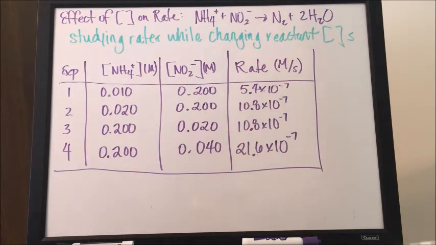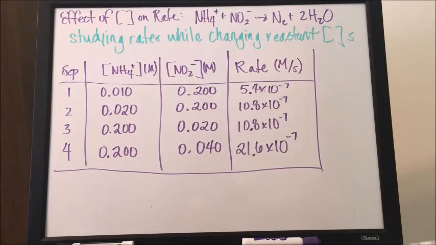Okay, we're not going to get into anything in depth in this situation. I just wanted to draw your attention to a couple things. So let's talk about perhaps how NH4 plays a part in rate. To do that, we would have to compare 2 experiments where NH4 was changing, but NO2 was not. The reason we do that is because if we look at rates in 2 experiments where both concentrations are being changed, well then we don't know who's responsible for changing the rate.